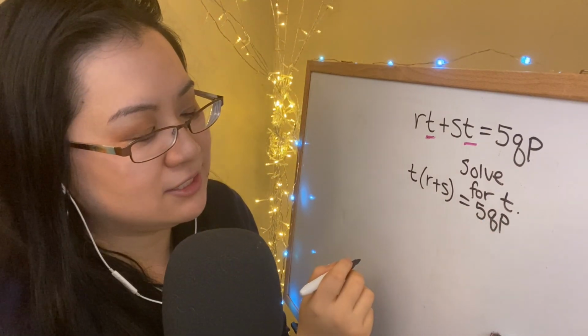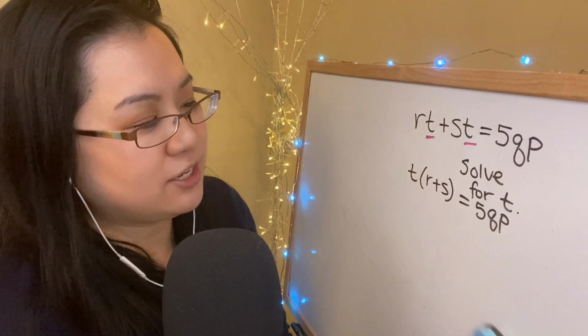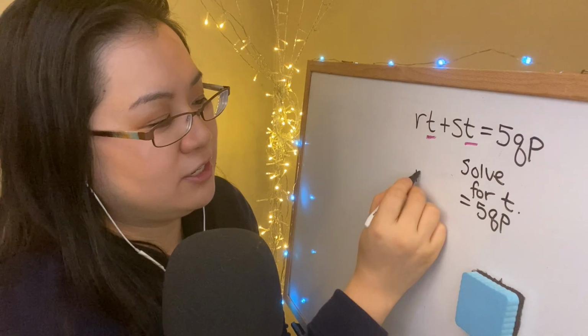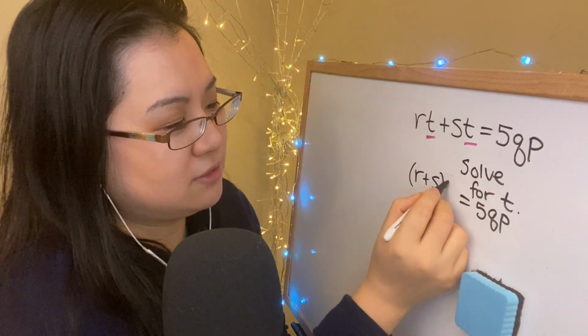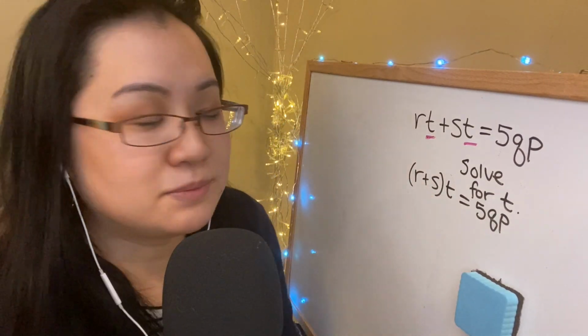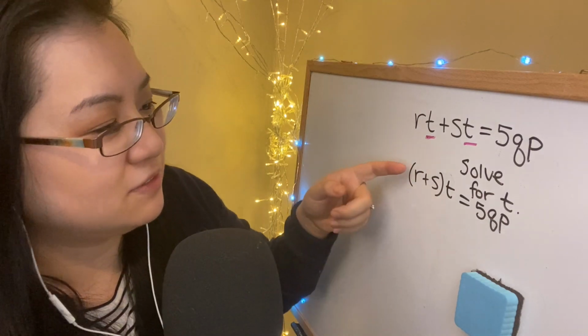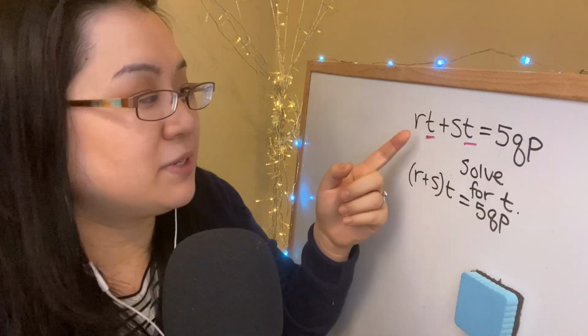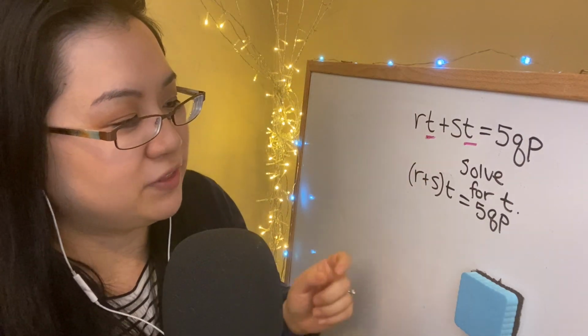The other side stays as is. I could write it out more directly: R plus S times T. Because if I distribute this, I have R times T plus S times T, which is this, because I see there's a common T in both of them.